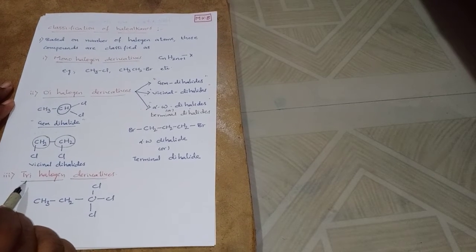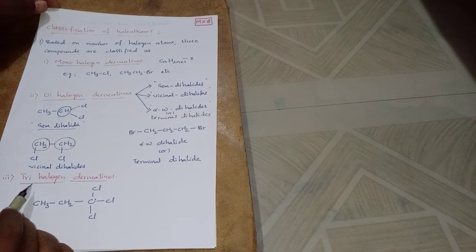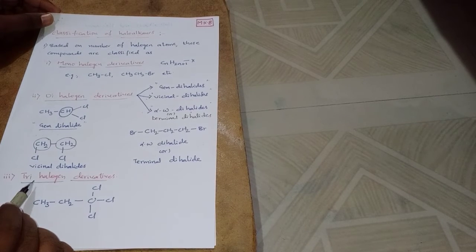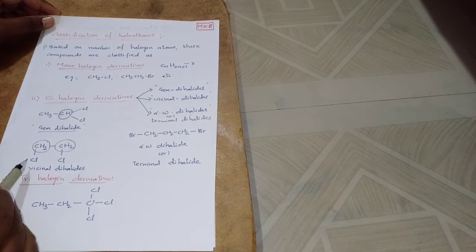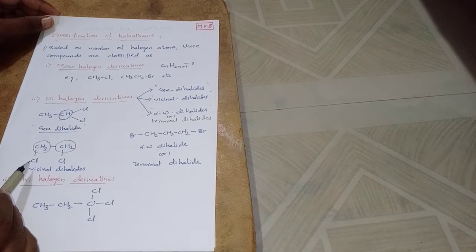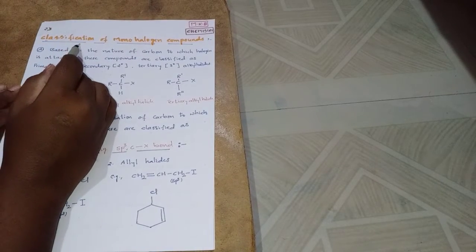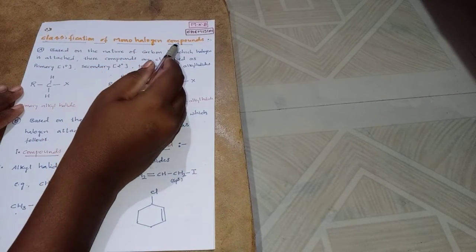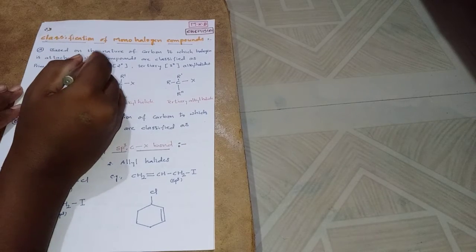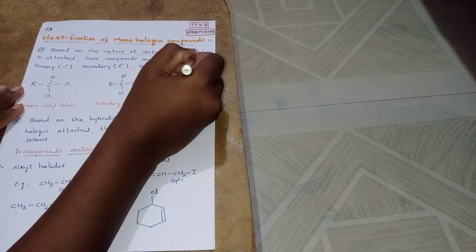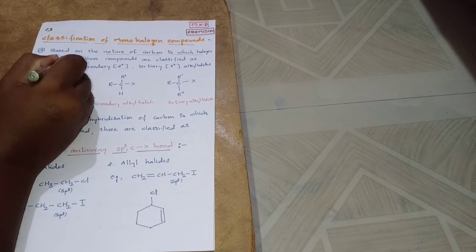In the previous class, we have discussed up to the classification of haloalkanes based on number of halogen atoms. And again we have another classification on a different aspect, that is classification of halogen compounds based on the nature of carbon to which halogen is attached.